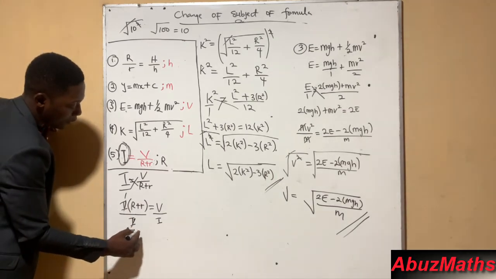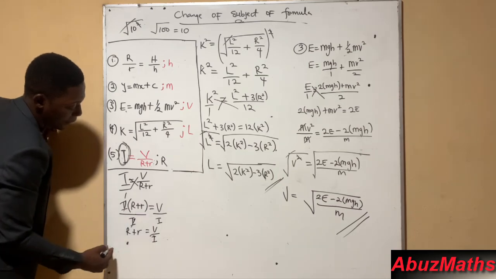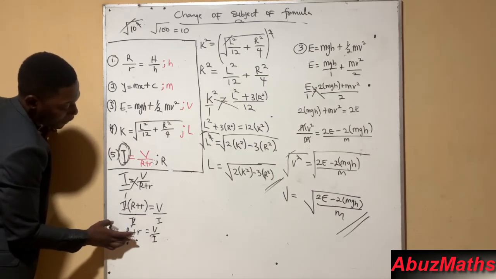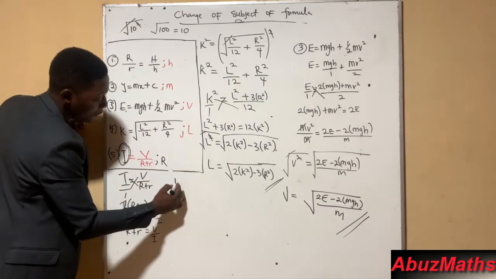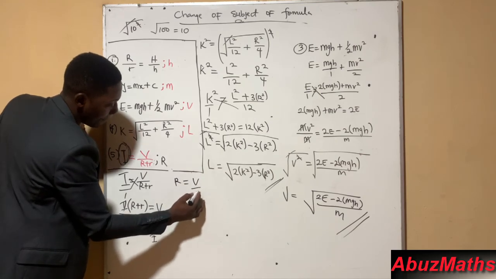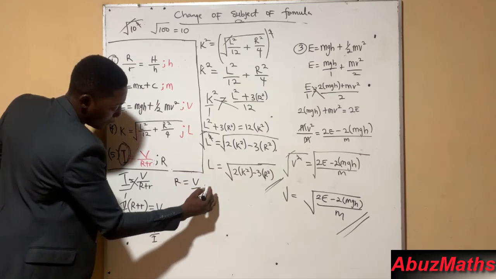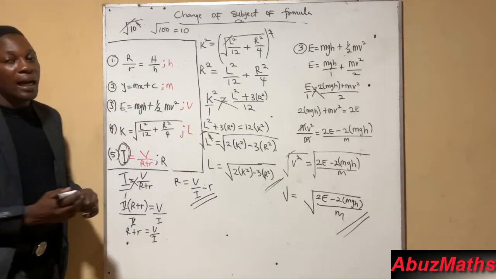So we have R plus r is equal to V over I. Now, if we take r to the other side, it gives us R is equal to V over I minus r. And that is our answer.